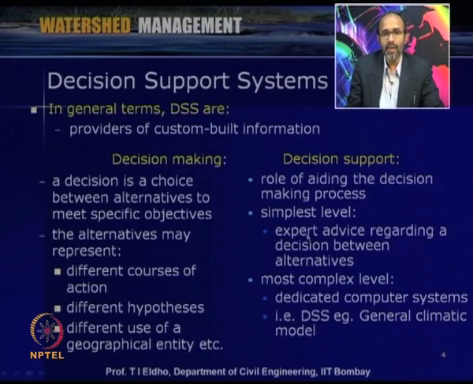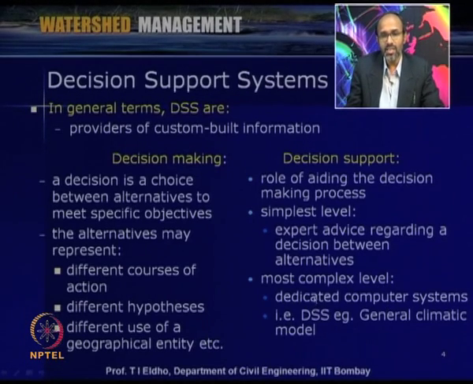This is what is happening in the simplest level, and in the most complex level there can be a dedicated computer system or dedicated software as the decision support system, for example a general climatic model, which considers so many alternatives, so many scenarios, and a system which is totally dedicated.